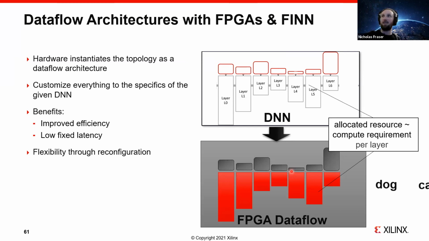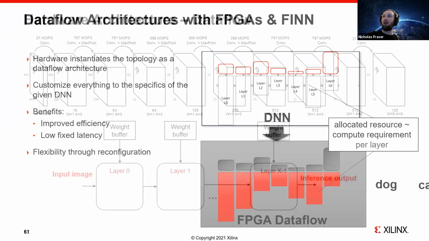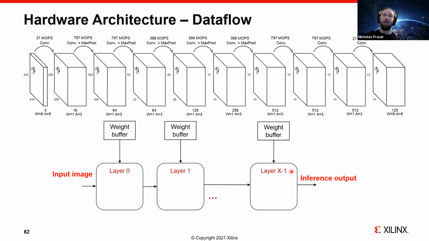But it does make sense in situations where you've got some embedded piece of infrastructure like a camera or something, and you want to do object detection on that. ADAS is a good example, right? This is going to be one model. It's not going to change very often. Maybe you're going to do firmware upgrades later.